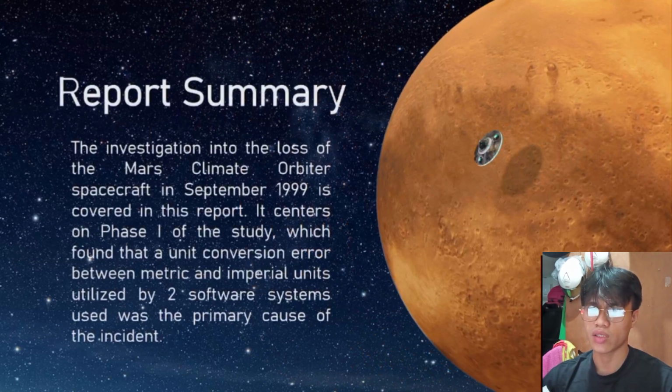This mistake caused a number of calculations to go wrong, which prevented the spacecraft from entering Martian orbit. Acknowledging the seriousness of this error, the paper emphasizes how crucial it is to carry out thorough cross-systems compatibility analysis in order to avoid such inconsistencies in future space missions.